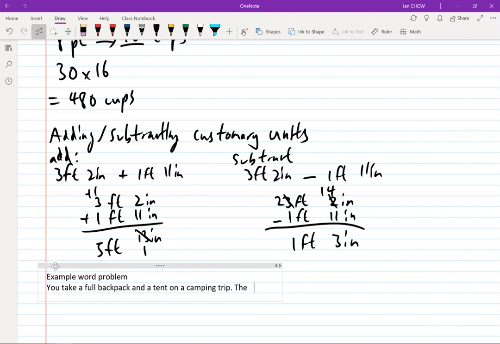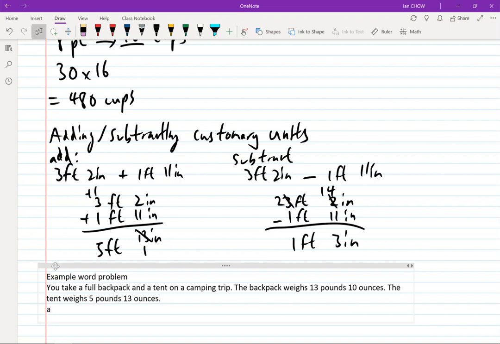And so if the backpack weighs 13 pounds and 10 ounces, and also the tent weighs 5 pounds and 13 ounces, what is the difference in weight of the backpack and the tent?